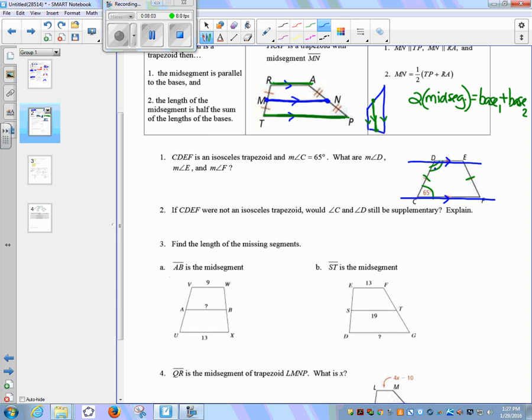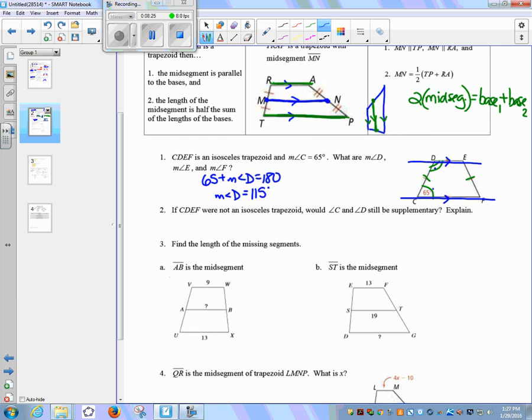Therefore, these two angles in question are same side interior angles, so they're going to be supplementary. So 65 plus the measure of angle D equals 180, and the measure of angle D equals 115.